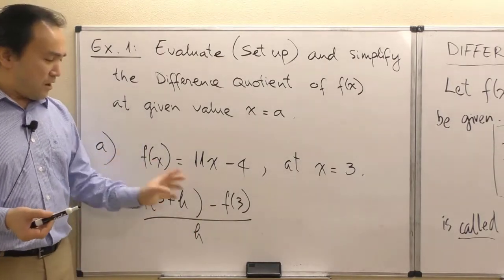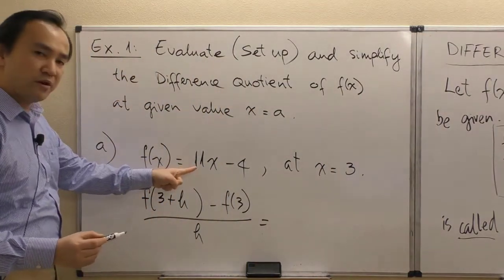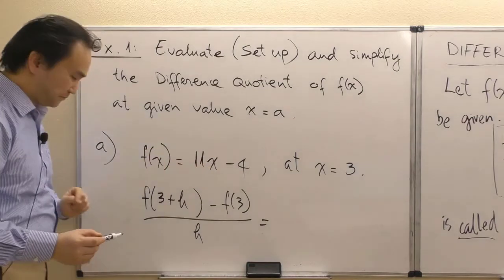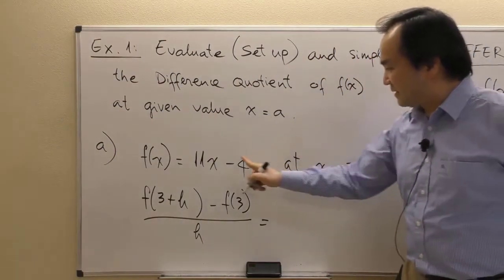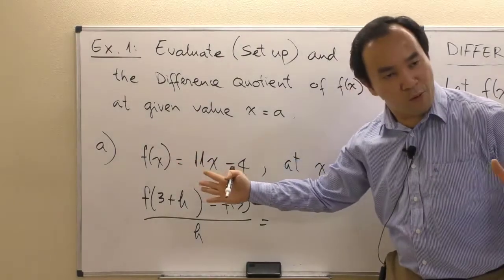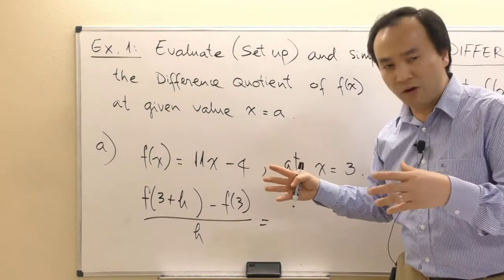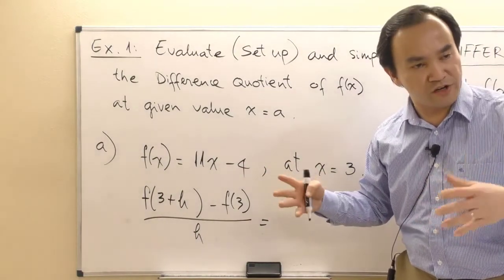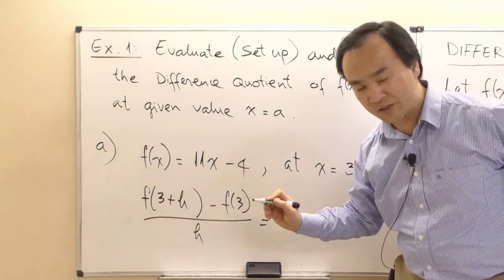Okay, and so now in the next step, of course, you know that your function is given previously as 11x minus 4. And of course at this point anyone viewing this video should be fluent with how to substitute an expression or a value into a function, so I hope I don't have to go too far back into those.